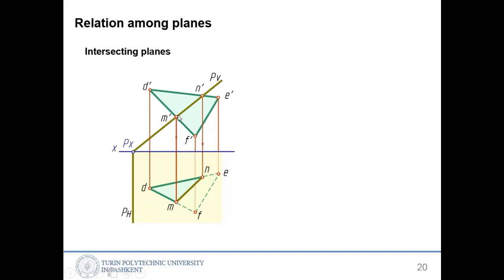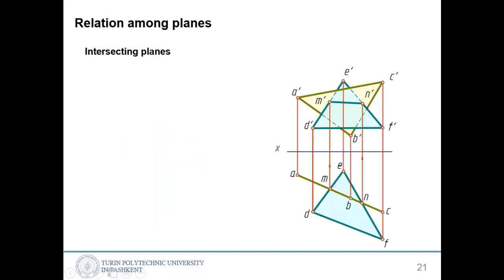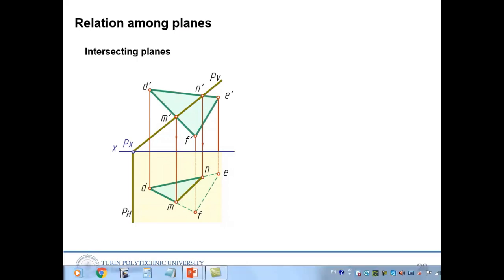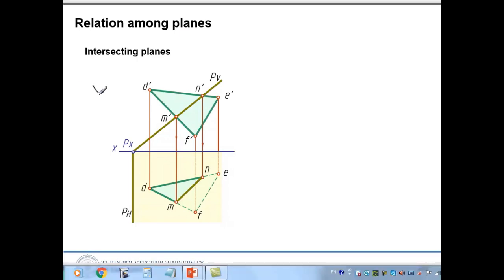This plane is a frontal projection, in the frontal V plane that has a slope. So we will define two points, first one and second one.